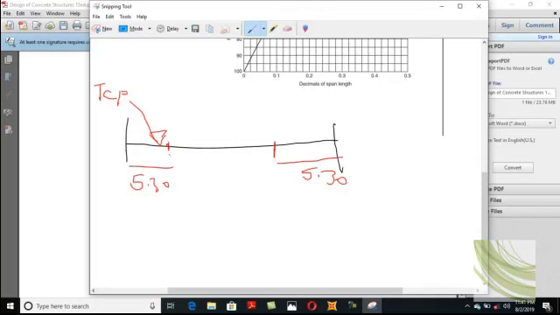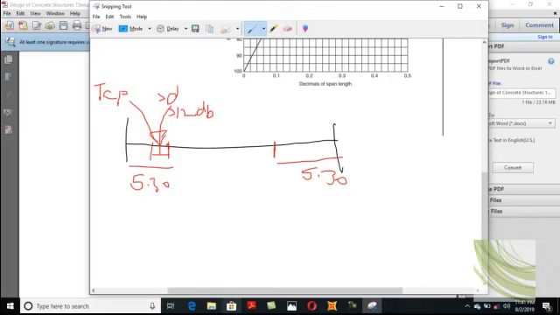So you need to continue this bar extension towards the support for a distance equal to d, or 12 db, or ln divided by 16. You can check these two.